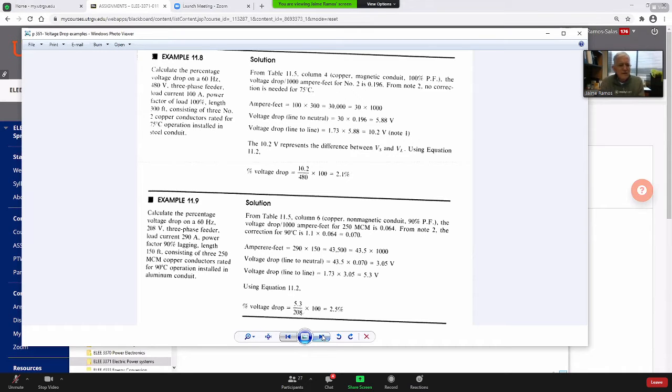These are examples 11.8 and 11.9 that you can use to solve your problems, to calculate voltage drop.